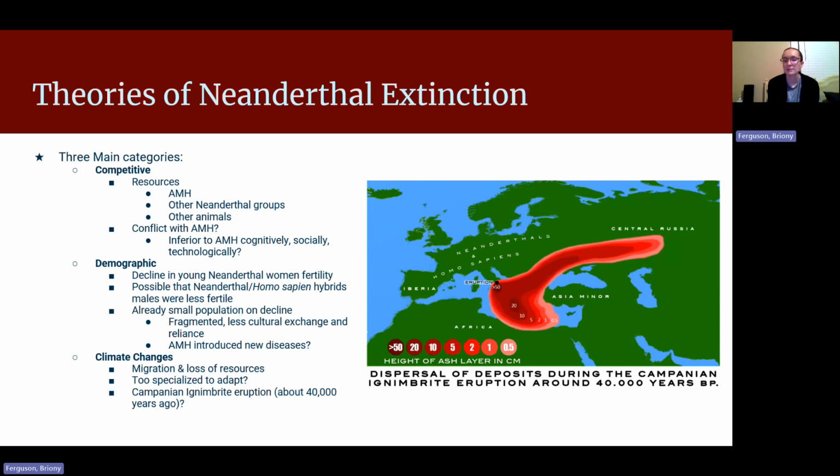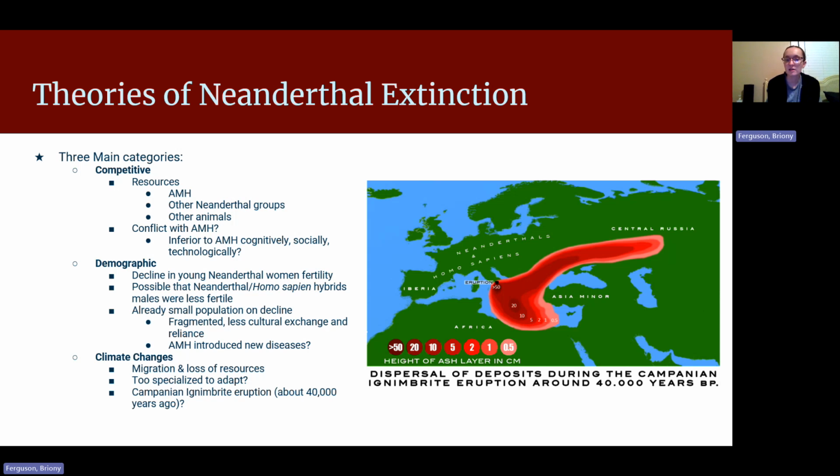A really popular idea is that Neanderthals were actually too specialized to that cold climate with those stocky bodies and their reliance on meat, and they just couldn't really adapt as well as Homo sapiens could.